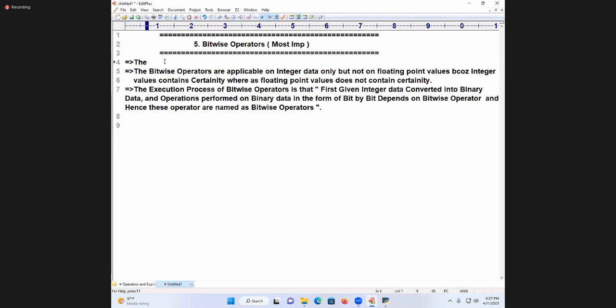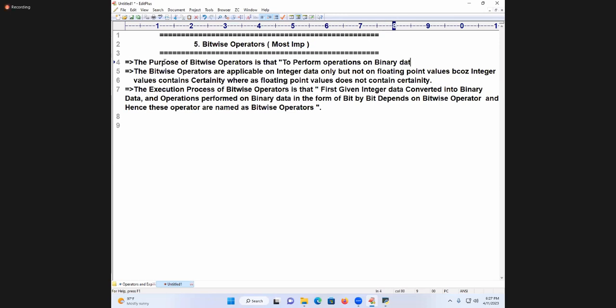There are a lot of examples I'll tell you. The purpose of bitwise operators is to perform operations on what?